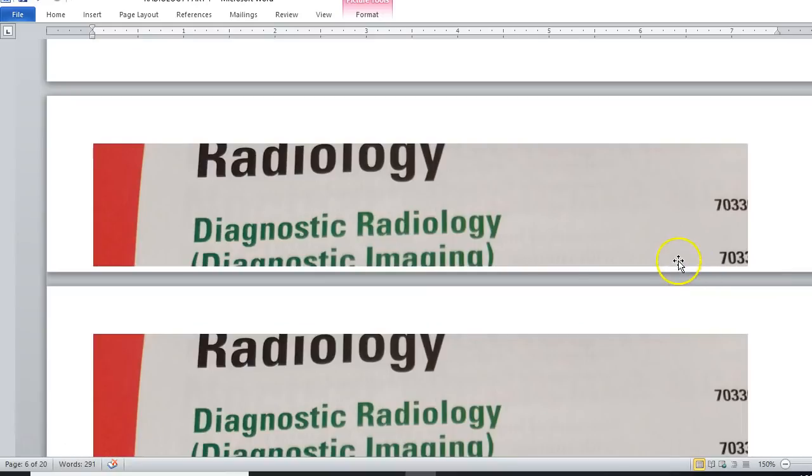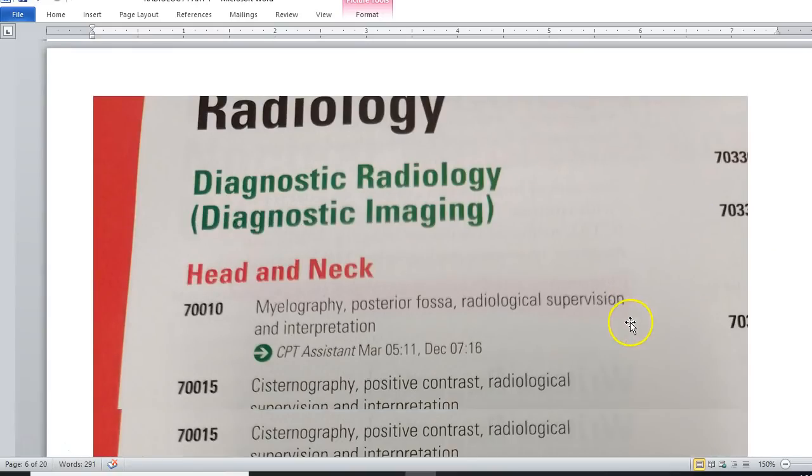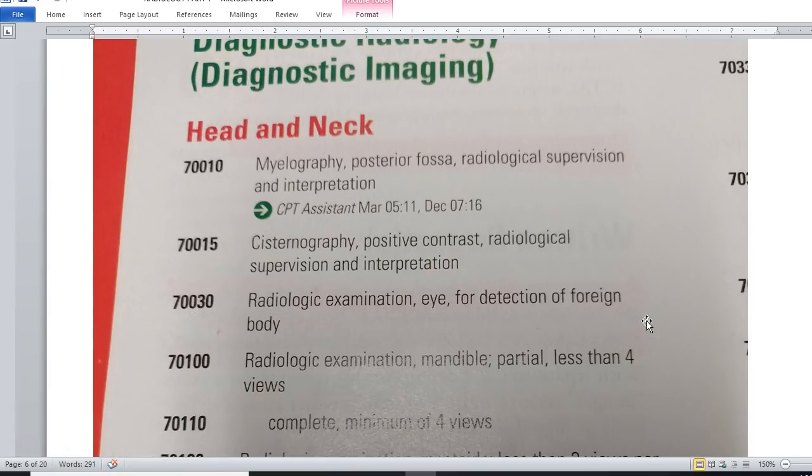So when we flip to page 448, the first thing we're going to see is it says Diagnostic Radiology, Diagnostic Imaging, Head and Neck. Now, this is what I was talking about earlier. So you could look up terms like myelography or cisternography in the back of the book. But when you see the word radiologic examination, X-ray, okay? A radiologic examination is always an X-ray.